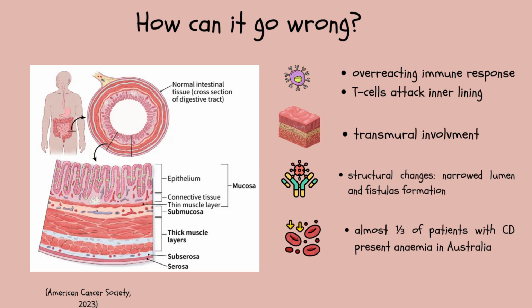To differentiate Crohn's disease from other inflammatory bowel diseases, the inflammation penetrates through all the layers. These characteristics can eventually cause structural changes in the intestine, which will reduce lumen diameter and form tunnels within the intestine.